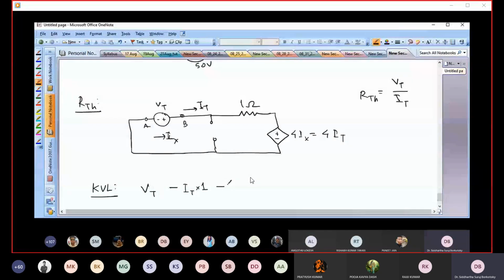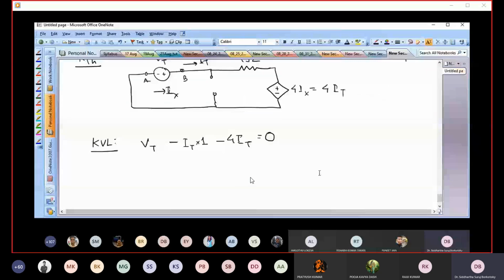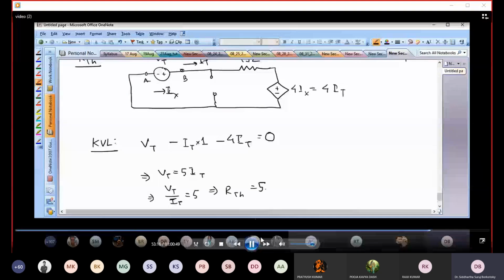And that should all lead to 0. So this is the KVL equation. When I write the KVL equation, I get that Vt is equal to 5 IT. So Vt by IT is 5, which means R Thevenin is 5 ohms. Okay, so this is the way you find R Thevenin.